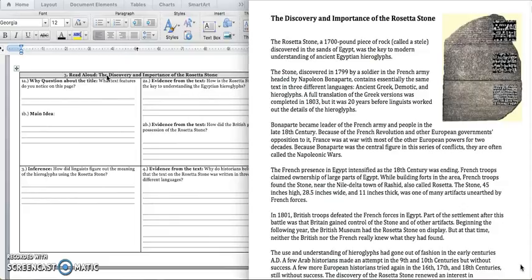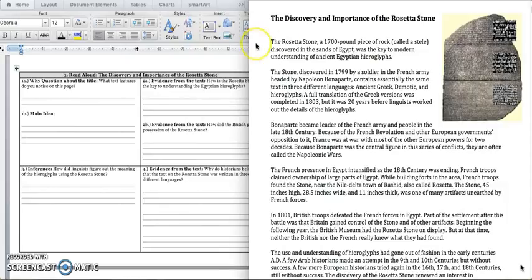And remember, we're going to be underlining the answers to our question, why is the Rosetta Stone important? Let's begin reading. The Rosetta Stone, a 1,700-pound piece of rock called a stele, discovered in the sands of Egypt, was the key to modern understanding of Egyptian hieroglyphs.